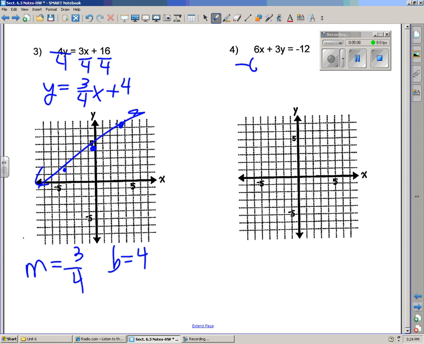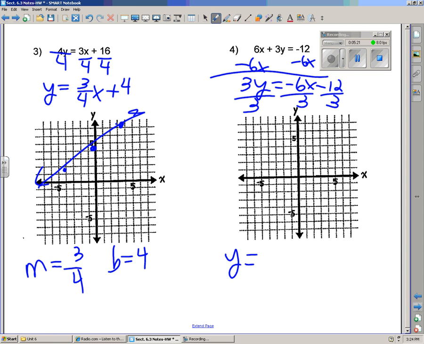Last equation: subtract 6x from both sides. 3y equals negative 6x minus 12. Divide everything by 3. Y equals, simplify your slope, negative 2x minus 4. If you identify the slope here, it's negative 2. As a fraction, it goes over 1.